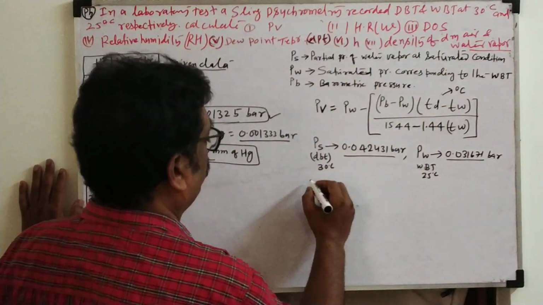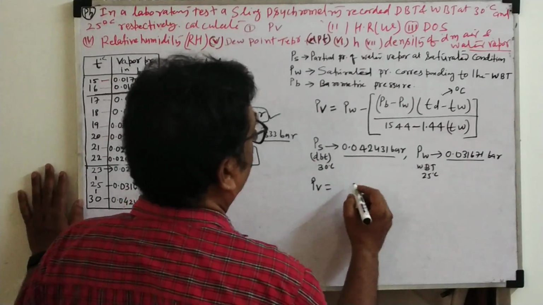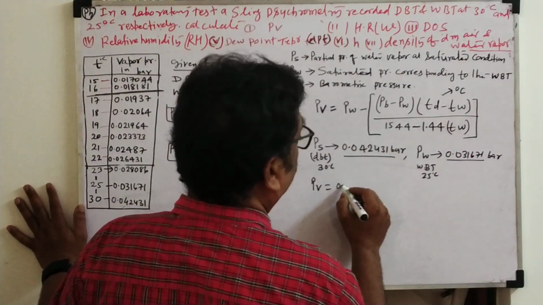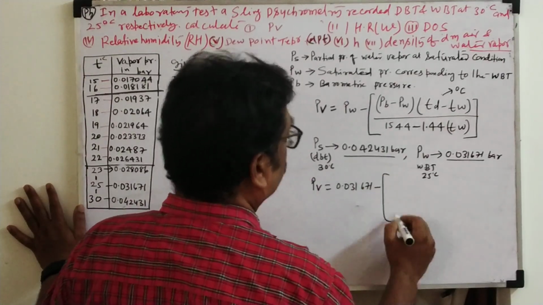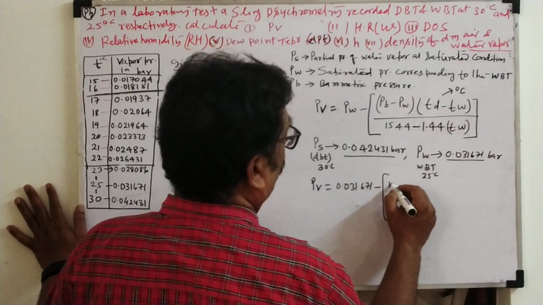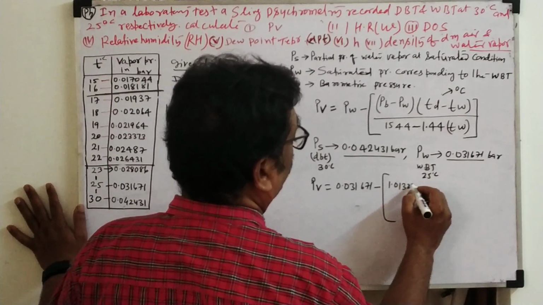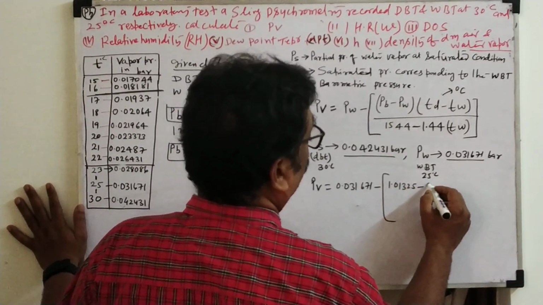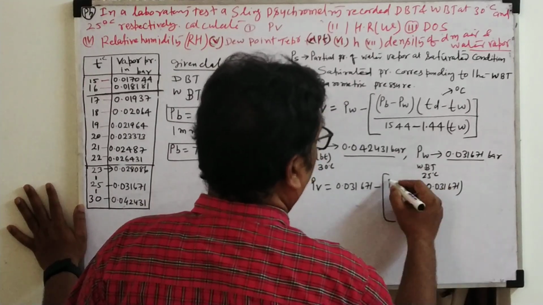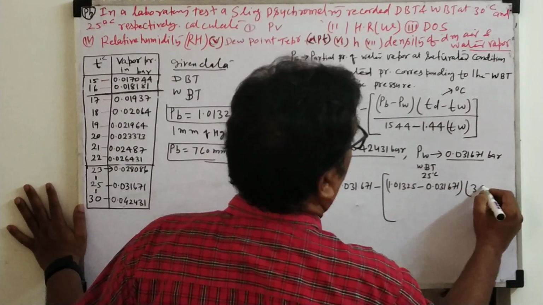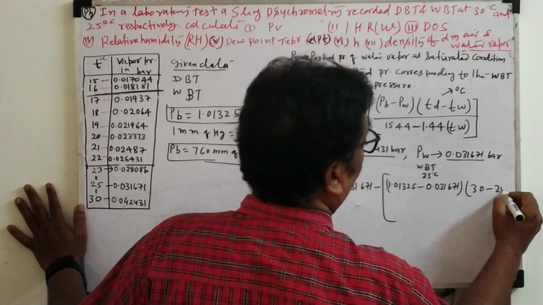Now substitute in the PV formula. PW is 0.031671, minus PB value 1.01325 minus PW value 0.031671, times dry bulb temperature 30 degrees minus 25 degrees.